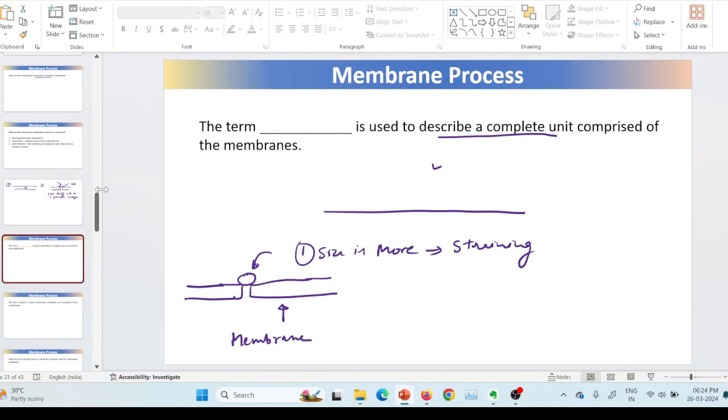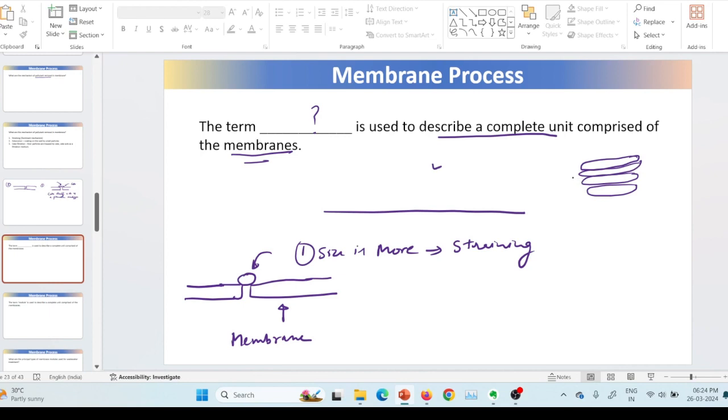Which term is used to describe a complete unit comprised of the membranes? If there are multiple membranes, let's say hollow membranes, they are packed together because a single unit may not be able to satisfy the water demand.